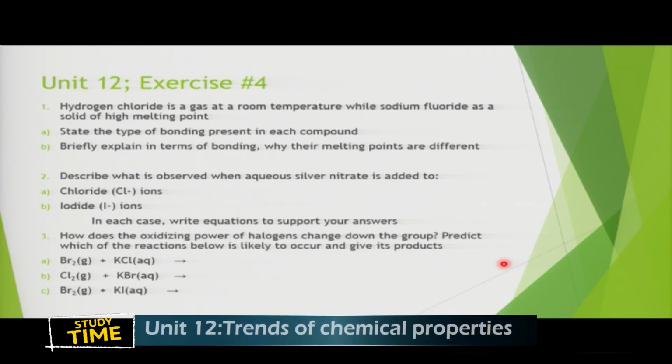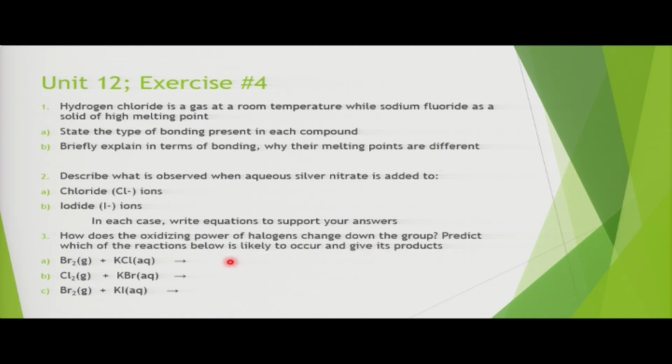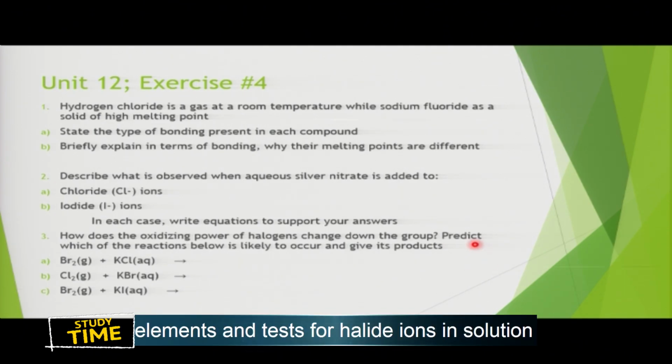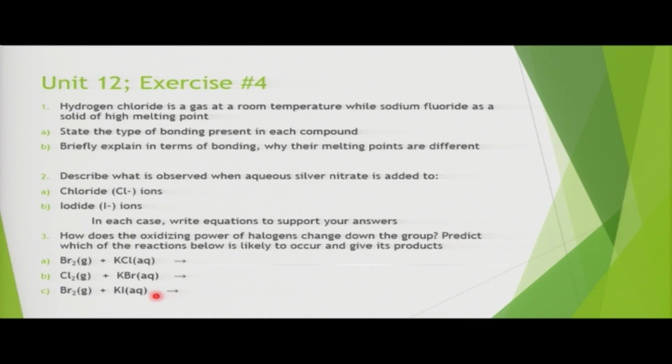As you notice, it is asking, how does the oxidizing power of halogens change? Then predict which of the reactions is likely to occur. So you must have the understanding for you to clearly predict such a reaction. And after predicting it, then give its product. So in this case, you need complete understanding.